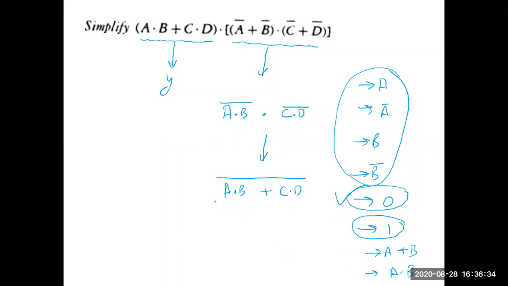So this is basically Y bar. So if I do Y dot Y bar, that is equal to 0.